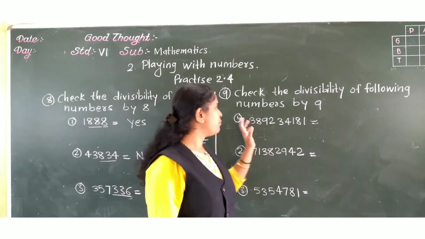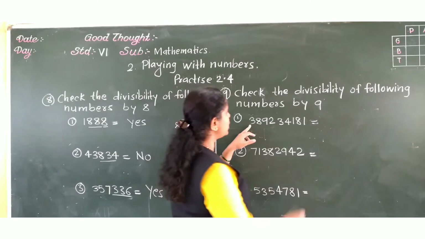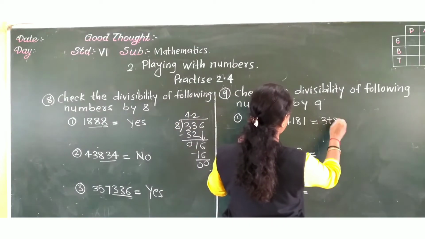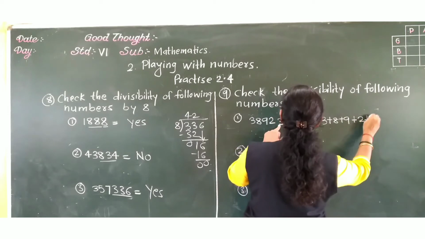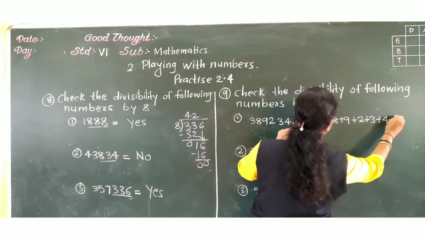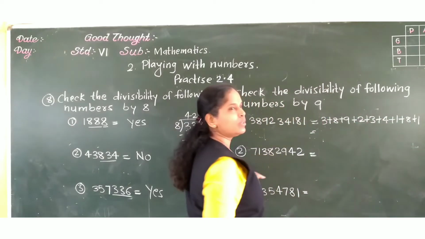Now see, we will do addition of all the digits. So here, 3 plus 8 plus 9 plus 2 plus 3 plus 4 plus 1 plus 8 plus 1. Now let us add.